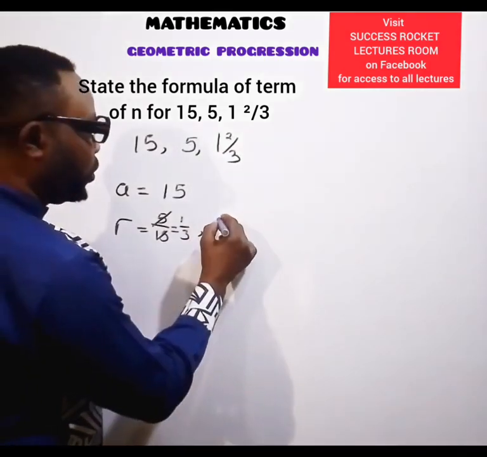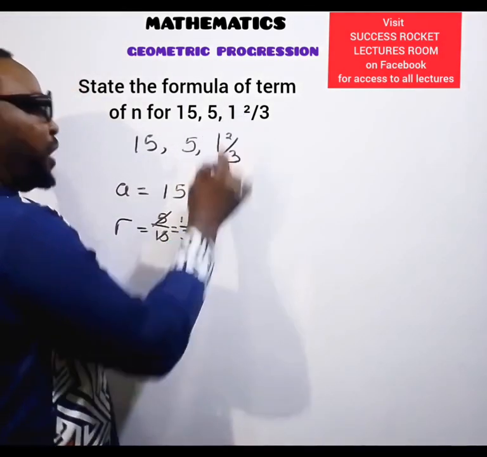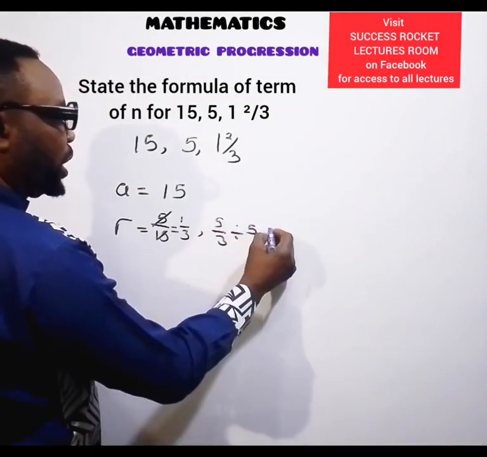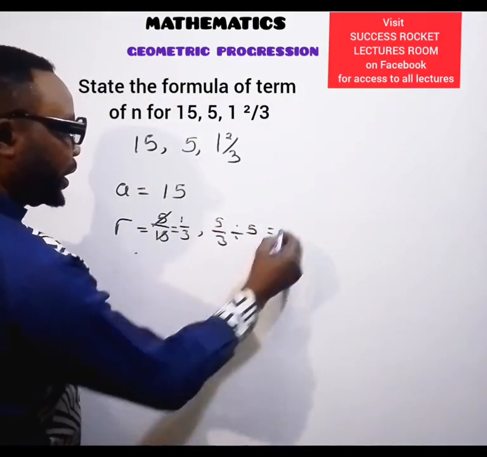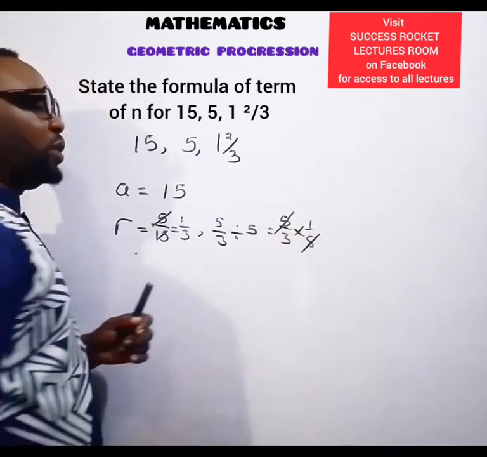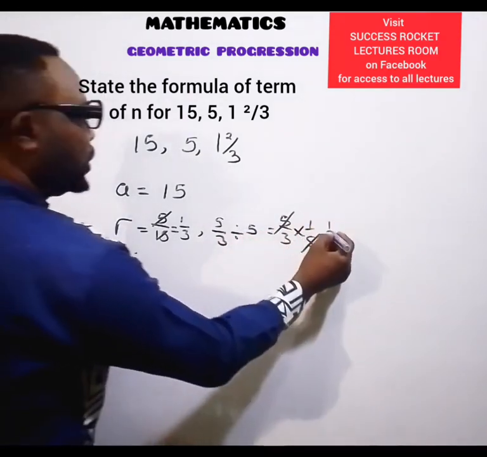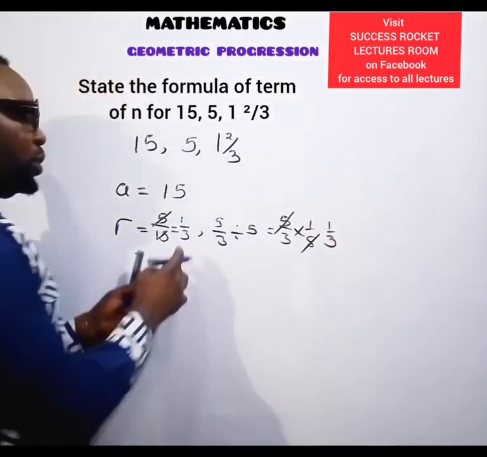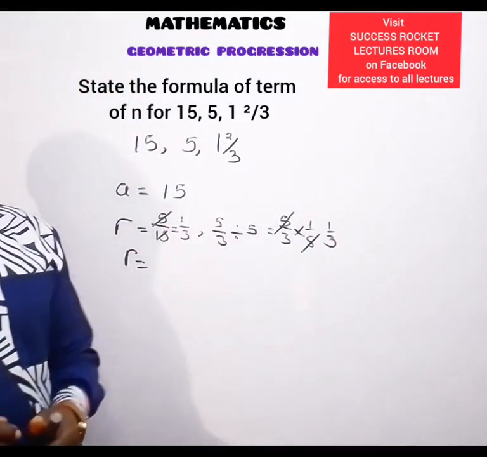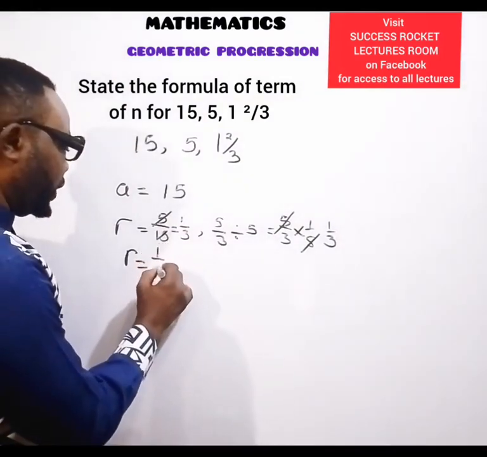We also have 1 and 2 over 3, that is 5 over 3, divided by 5, which becomes 5 over 3 multiplied by 1 over 5. The 5 cancels the 5, and we have 1 over 3 as well. So it is given to us that the value of our common ratio is 1 over 3.